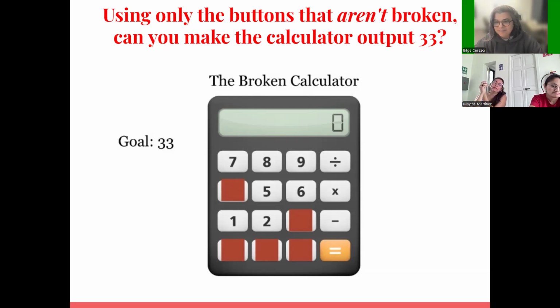Ah, okay. So then we add 2 plus 1. But we don't have addition. Then how? ¿Qué otros números hacen 3 de ahí? So you can do 5 minus 2 is 3, right? Yeah, but you don't have 5.